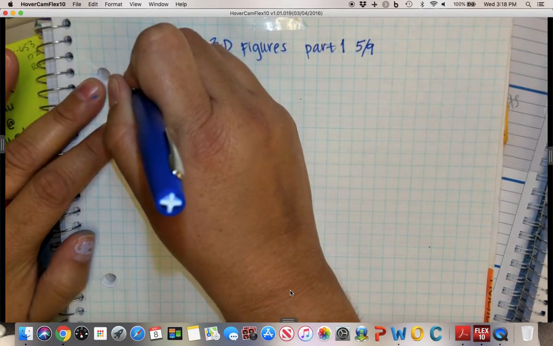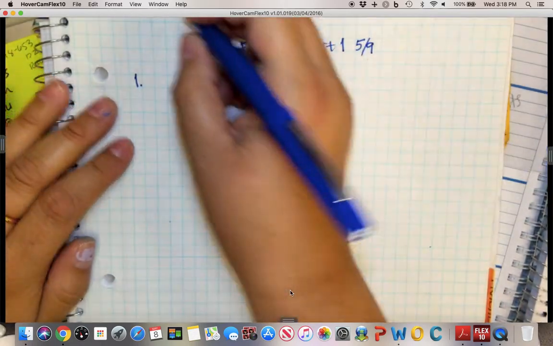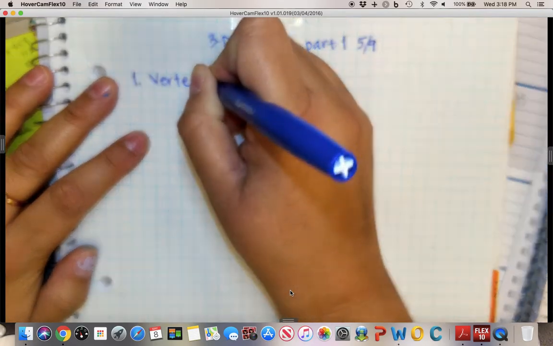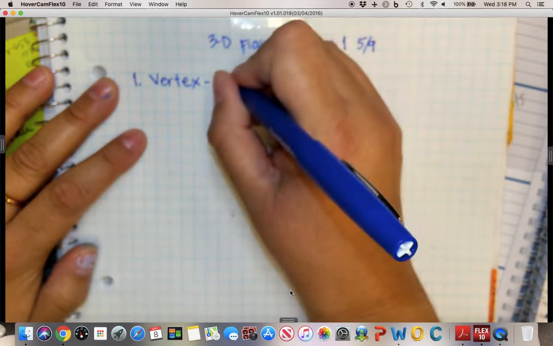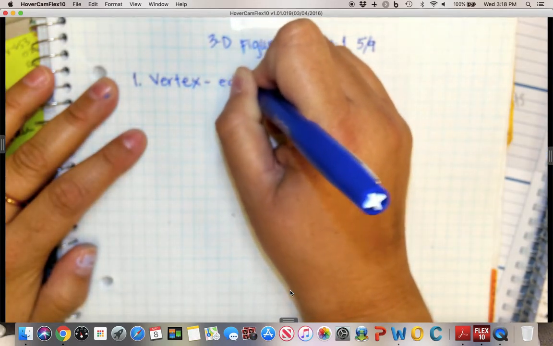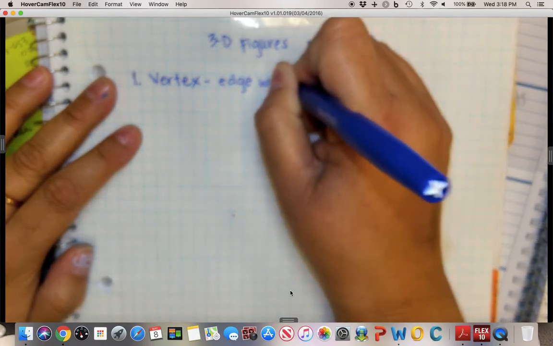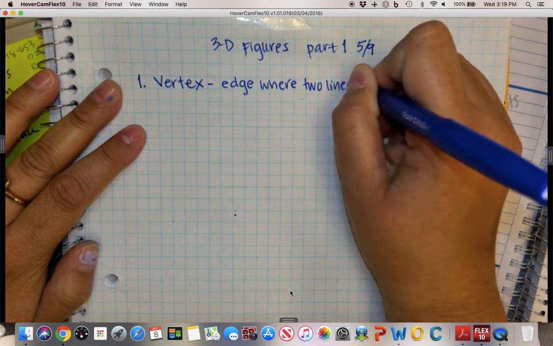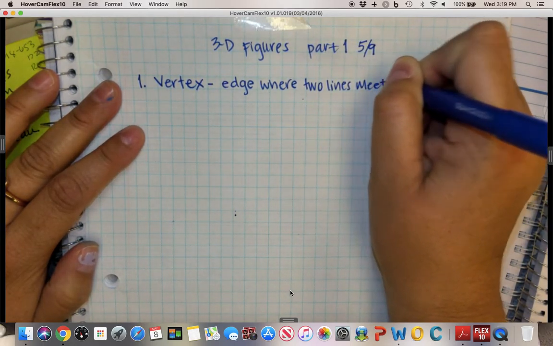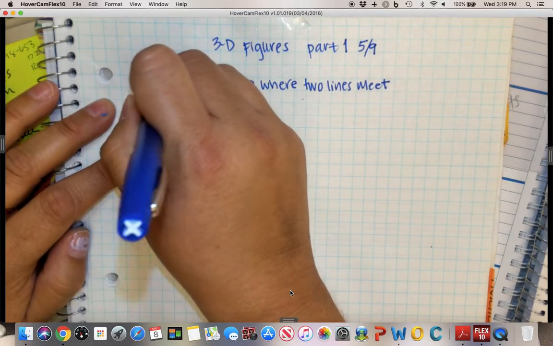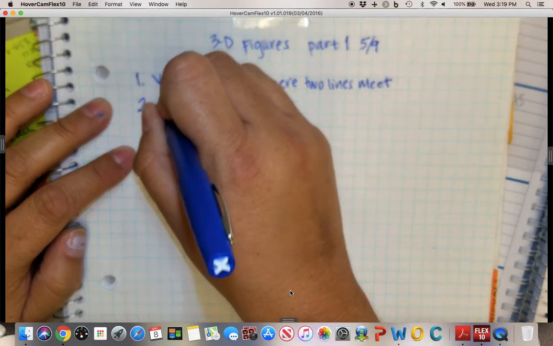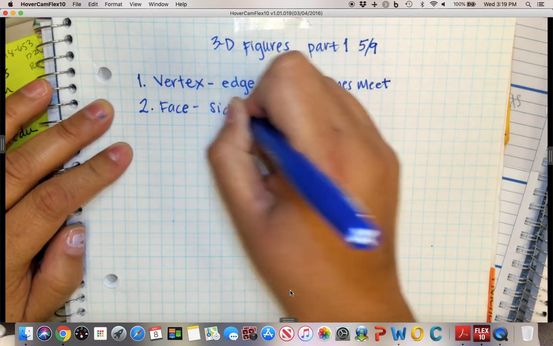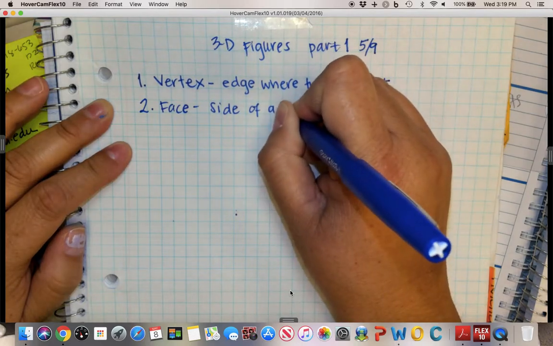And the first vocab I want to go over is the word vertex. A vertex is the edge where two lines meet. The second word I want to go over is face, which is the side of a 3D figure.